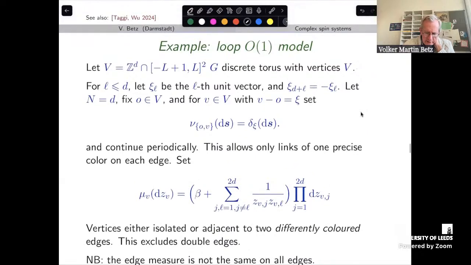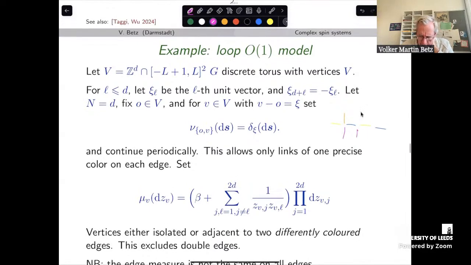And here I just give you a picture. Let me give you this edge measure. I have an edge measure that looks like this. I have, let's say, 4 colors, and they repeat. So I have here yellow, blue, yellow, blue. I have, this is purple, orange, purple, orange.